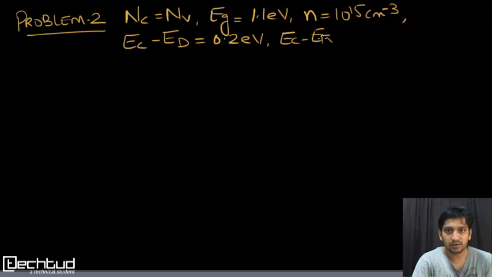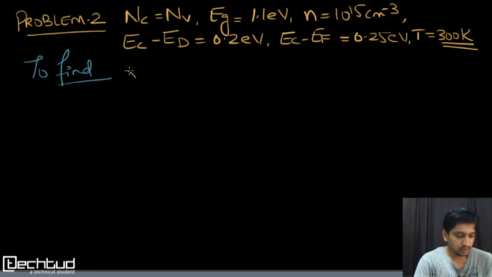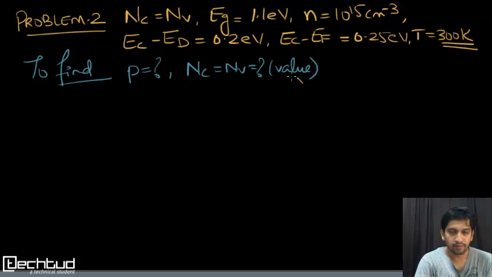EC minus EF, the Fermi energy level, is 0.25 electron volt, and you have been asked to assume the temperature is 300 Kelvin. Now you have been asked to find the concentration of holes, and NC and NV in terms of value. So we have to figure out the answer for this case.